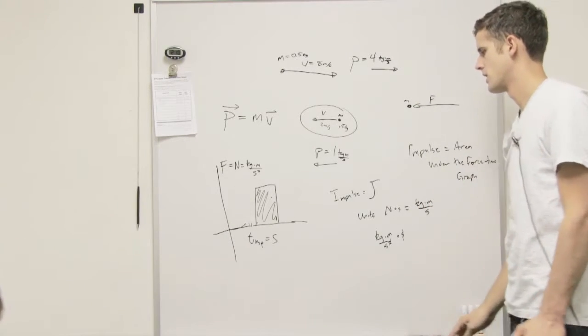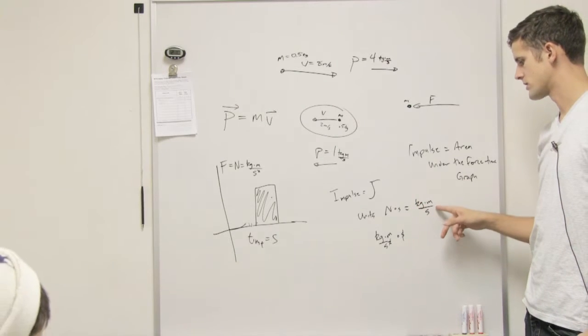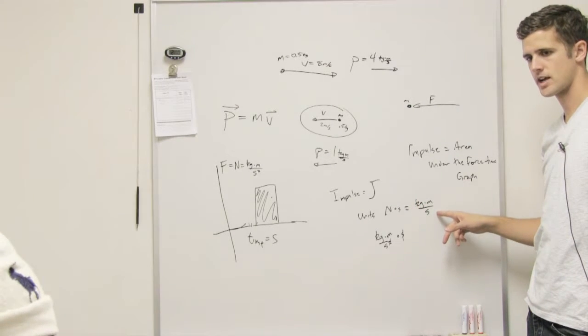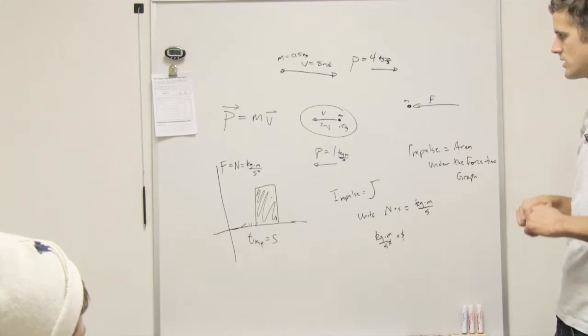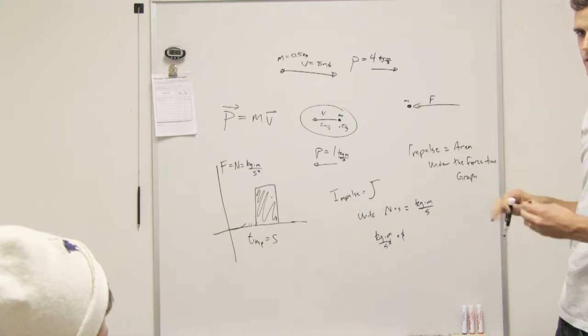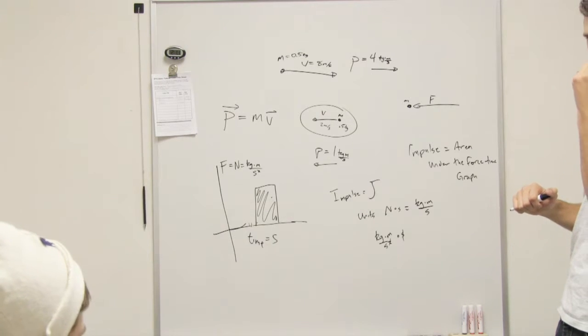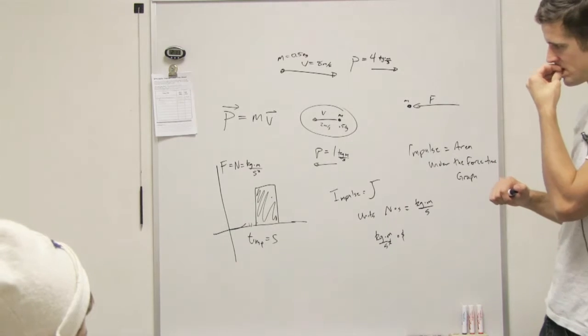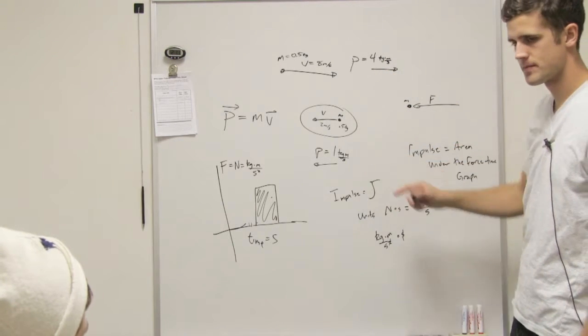Okay. The impulse, so J, is units of kilograms times meters per second. So where else have we seen that unit before? It's similar to force. What about with momentum?